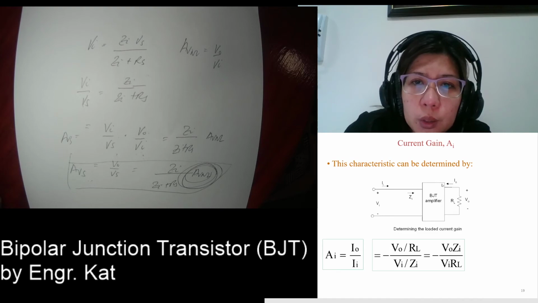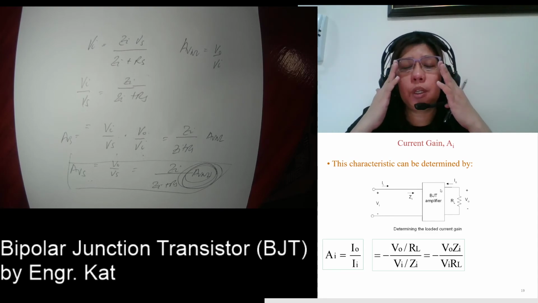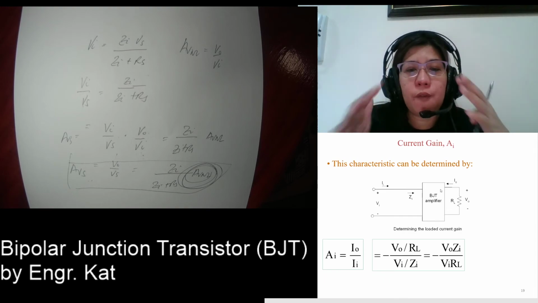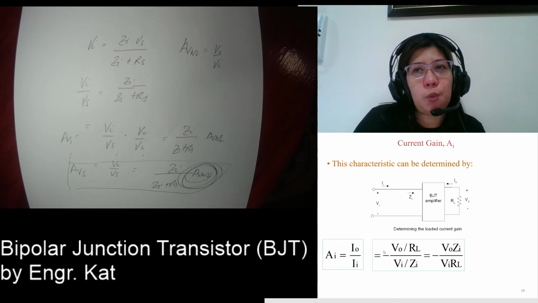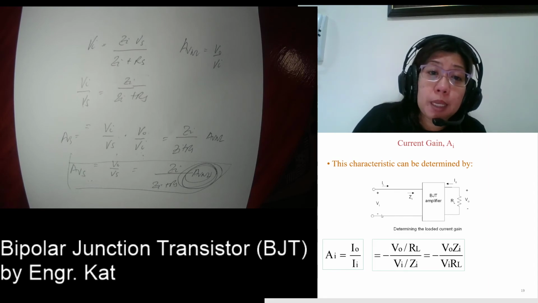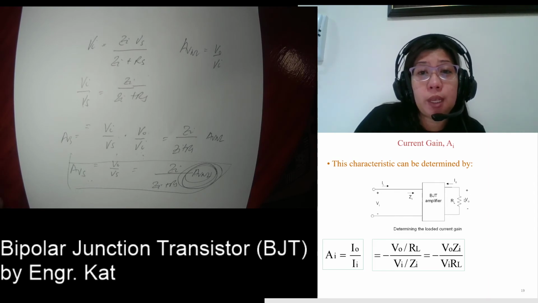Look at their direction. They are opposing. When your two currents are opposing, that means we have a negative sign here. So why in the voltage gain don't we have any negative sign? Because your input is plus minus and your output is plus minus, so they are the same, therefore no negative sign.